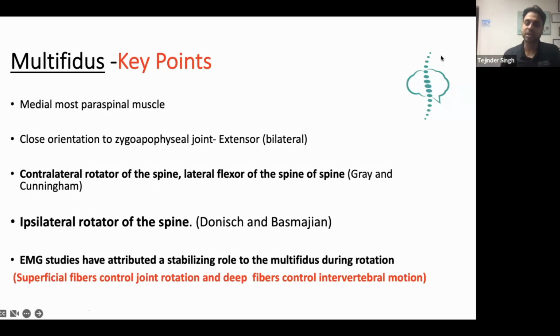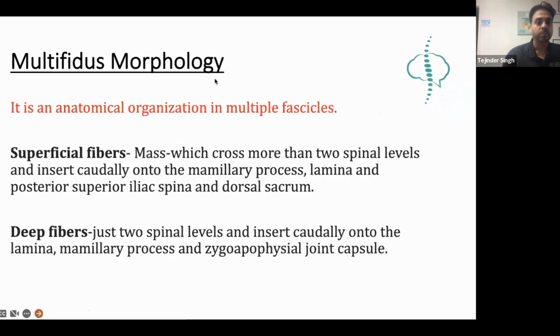A lot of EMG studies have found that multifidus kicks on even when you're not moving. That research is very interesting because, yes, it's a rotator and a side flexor, but a lot of research says that you don't even have to move for multifidus to kick in.